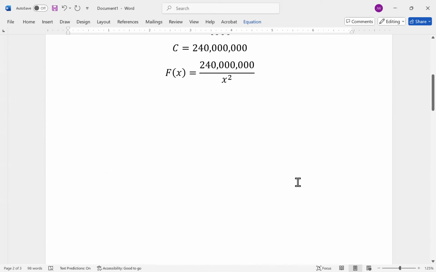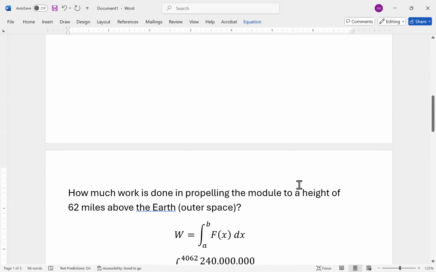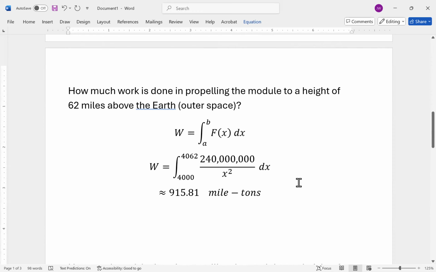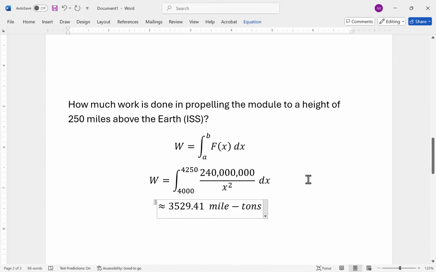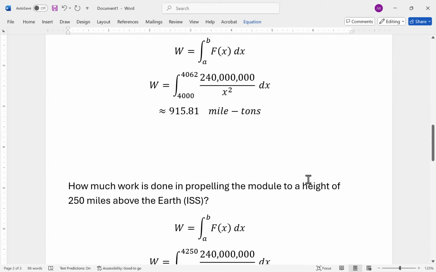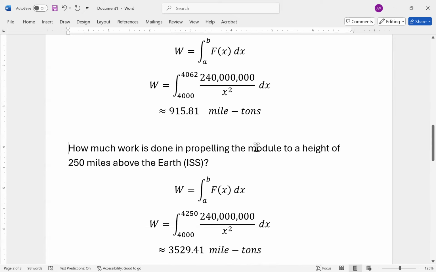And then obviously from that, knowing the amount of work that has to be done, you can calculate amounts of fuel that are needed and all of those things. So that's what we get for these two problems.